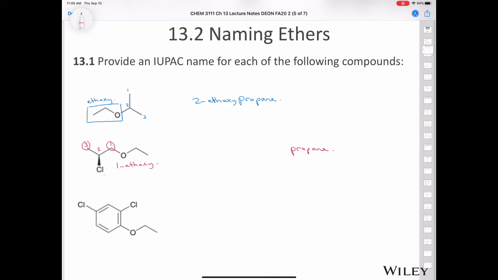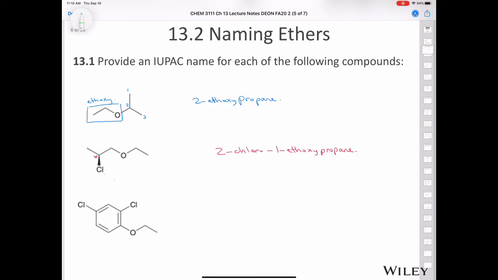But we also have a 2-chloro. And so when you put all that together, you would have 2-chloro, right? Because C comes before E in the alphabet. So 2-chloro-1-ethoxypropane, like that.